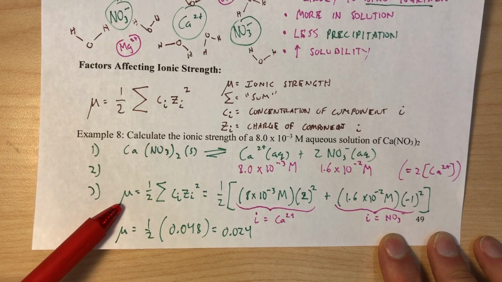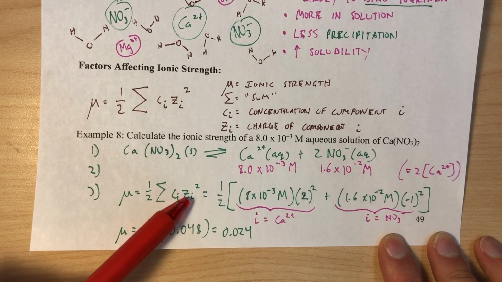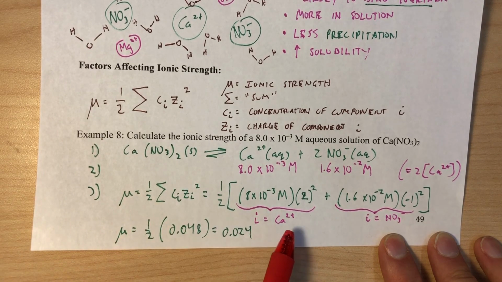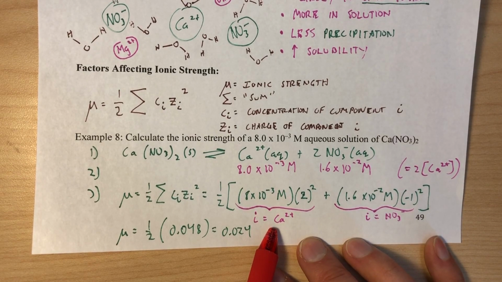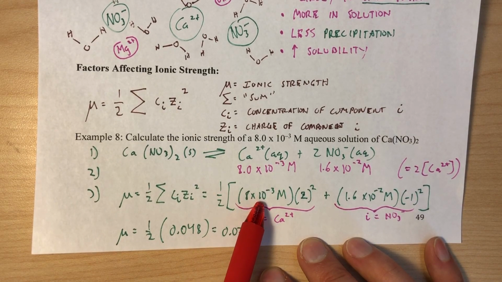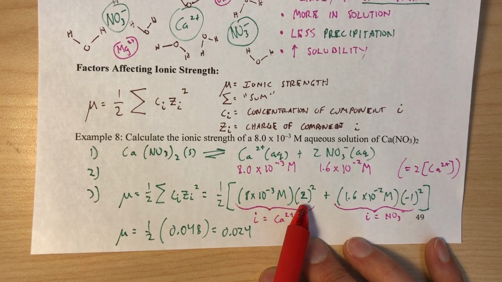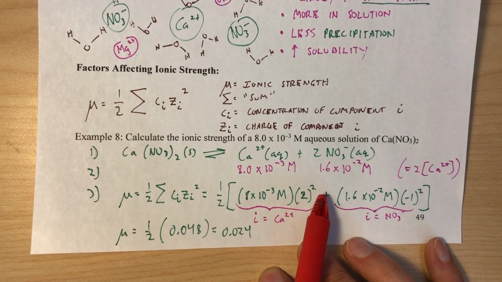So we can calculate ionic strength. Mu is equal to 1/2 times the sum of each of these components, the concentrations times the charge squared. First we're going to look at the component where i is equal to calcium. For calcium, its concentration, C, is equal to 8 times 10 to the negative third molar. Its charge is 2, so there's our 2, and we square it. So that's just C times Z squared.